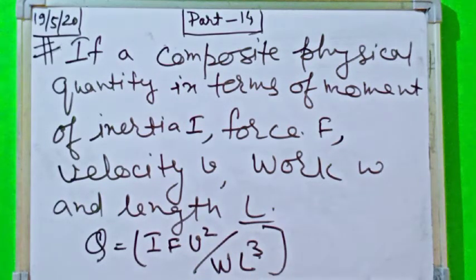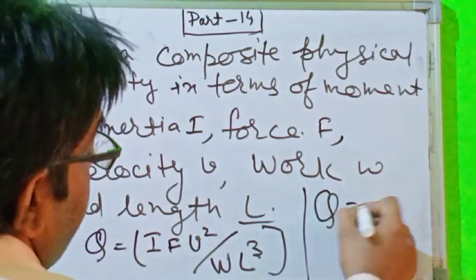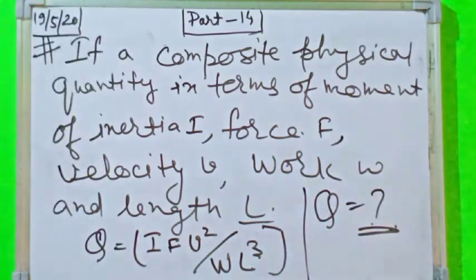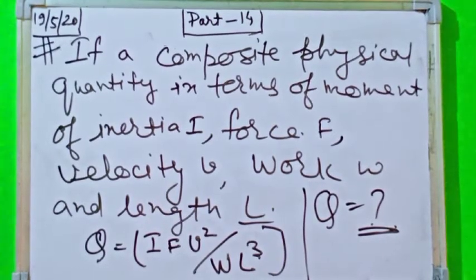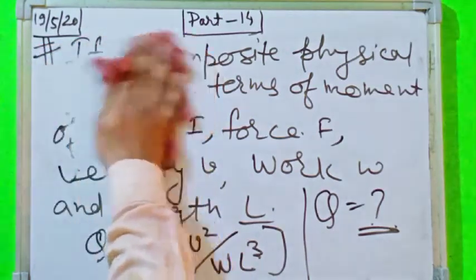It is asking to find the dimension of Q, and identify it. What is that physical quantity? Clear? Look at the question, a very easy, very simple question, based only on the technique or formula which we have studied.